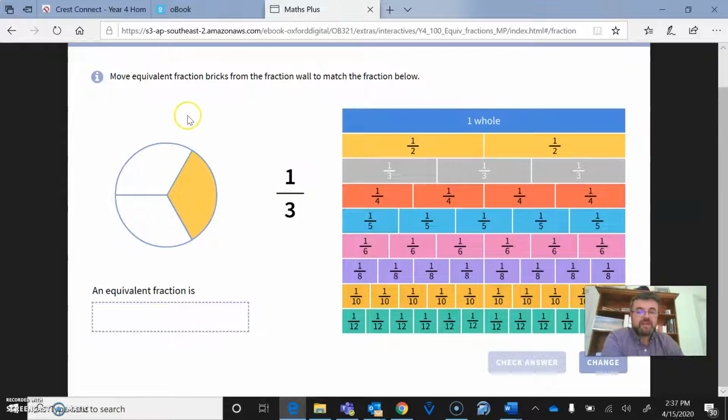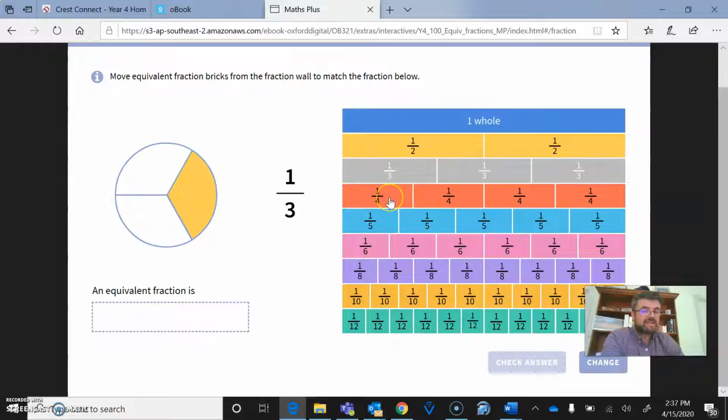So the question here is, we need to find equivalent fractions to 1/3. Okay, let's go and have a look. So if you have a look at 1/3, if I go down, I can see that quarters do not really match with thirds. Neither do fifths. They don't really match with thirds.